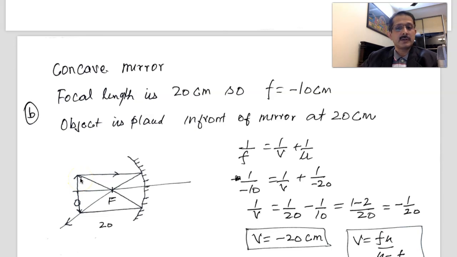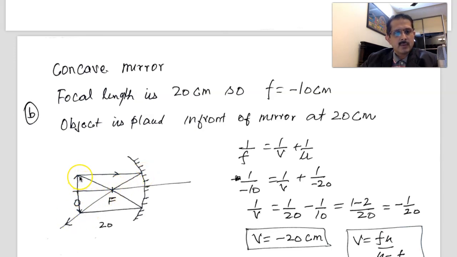It's a quick revision. One ray would be going from the object to the mirror, and then it gets reflected back through the focus.